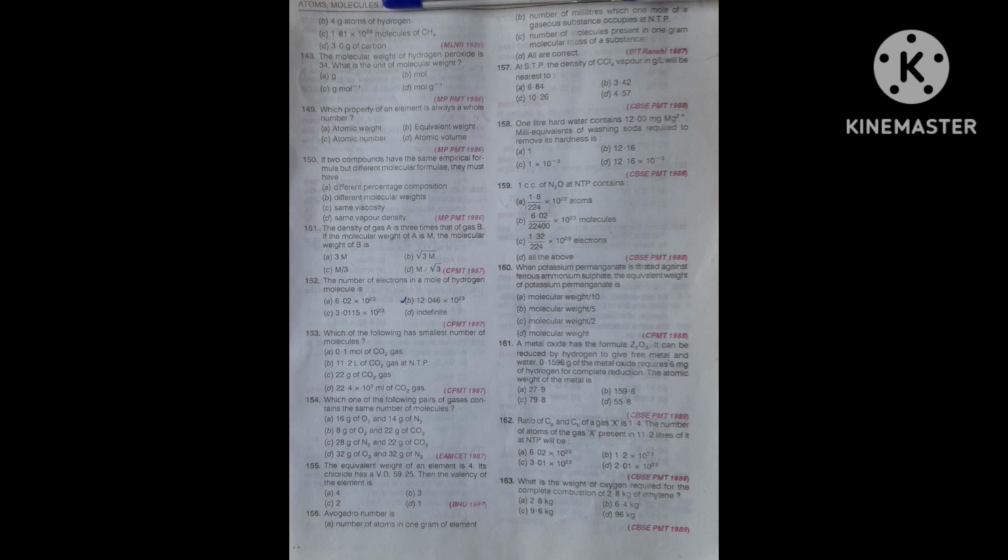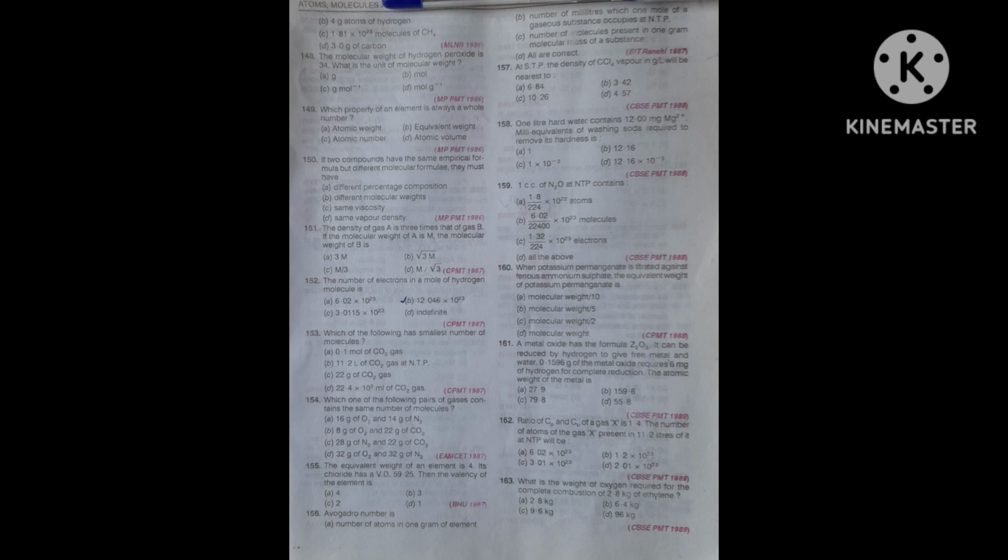Z means metal, and the metal has valency 3. Then you write the balanced equation: Z2O3 plus 3H2 gives 2Z plus 3H2O.